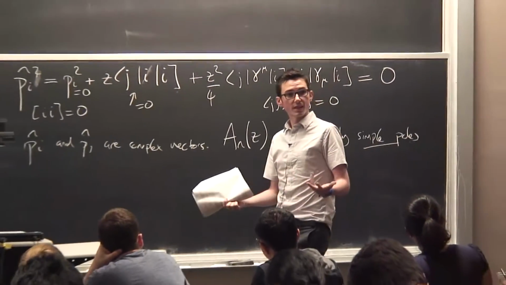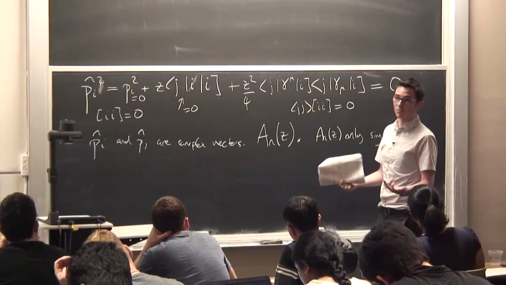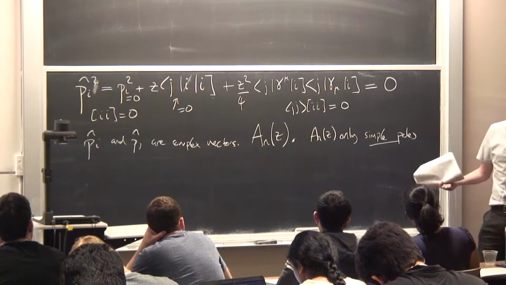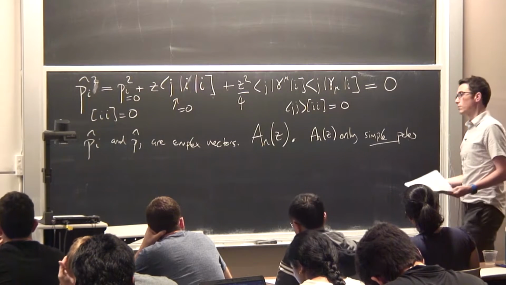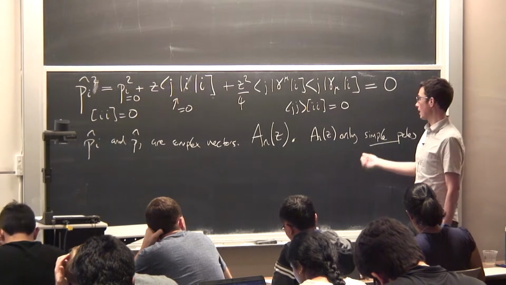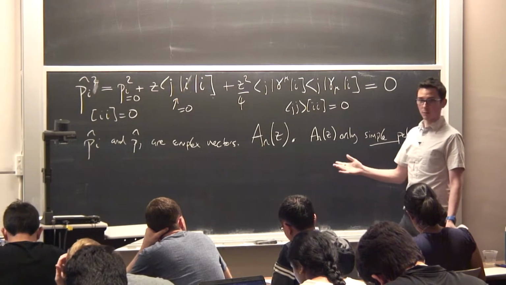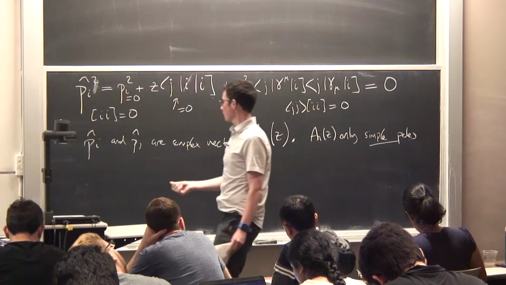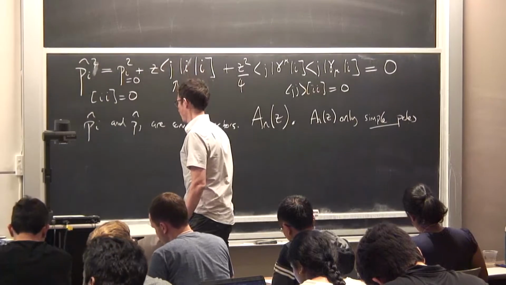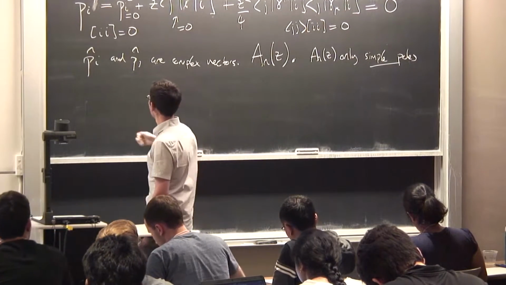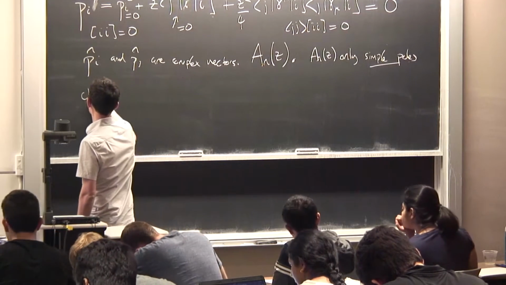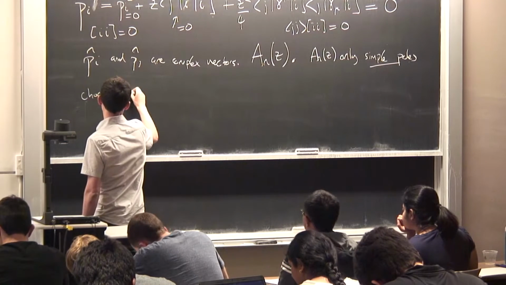Propagators are naturally quadratic, so I should get quadratic dependence on z and then have double poles. So it sounds very sensible that we should have double poles, but now I'm going to show you that doesn't happen. Okay? So why do we only get single poles? Well, so we'll choose a subset of external momentum.